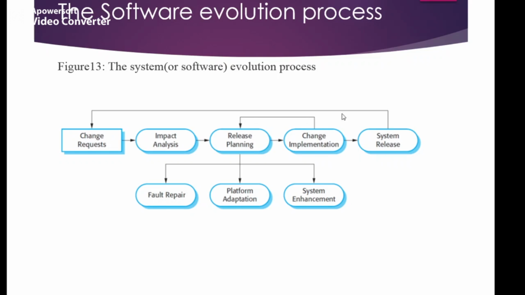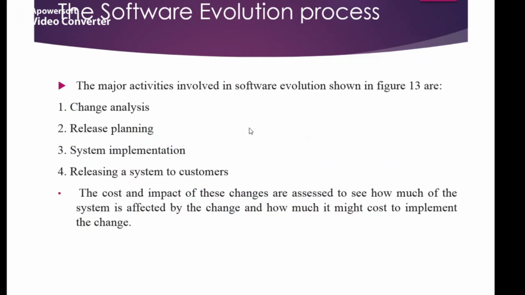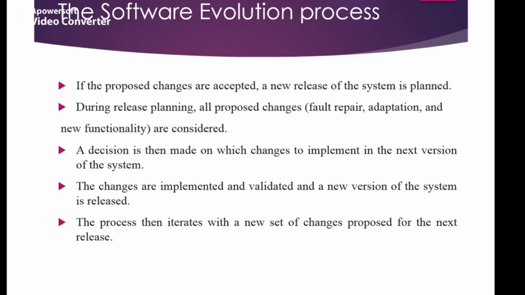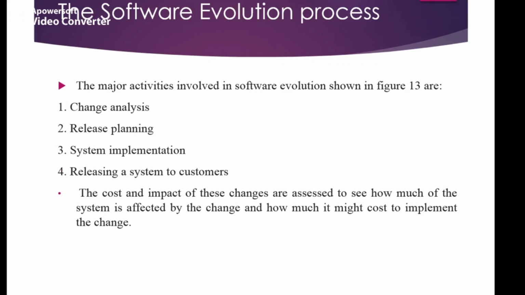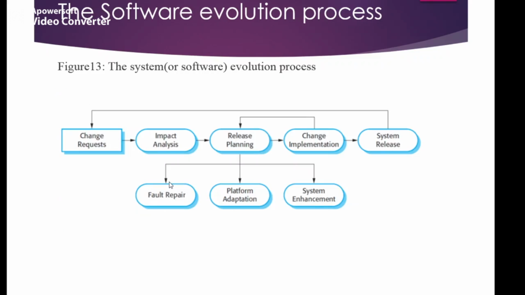These are the major activities in this software evolution process. We will see them one by one, okay? First, as I told you, you have the change request, a request to implement some changes in your system.